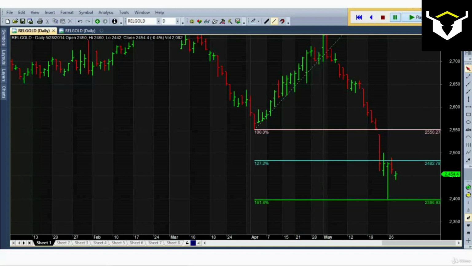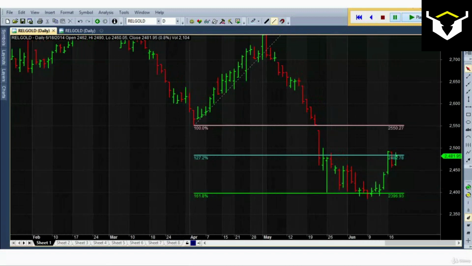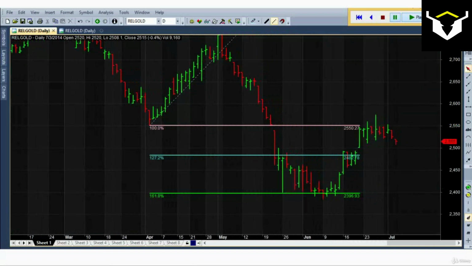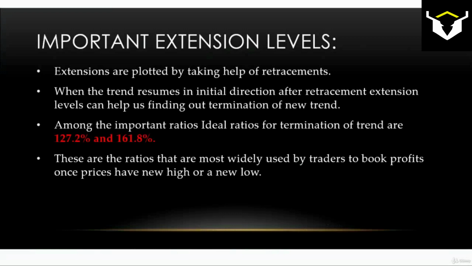Let's add some bars to see if the support really holds itself. You can see prices breach 161, but eventually they turn around. So 127% and 161% are important levels of extensions.